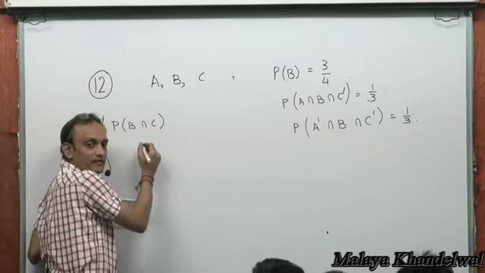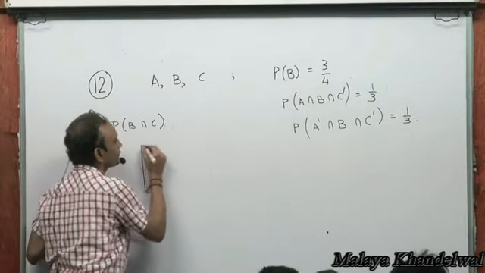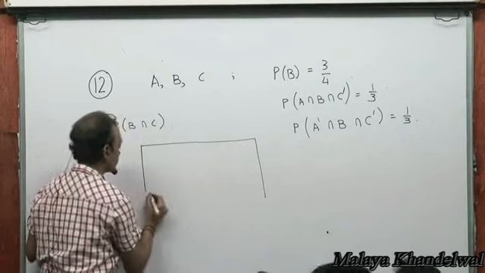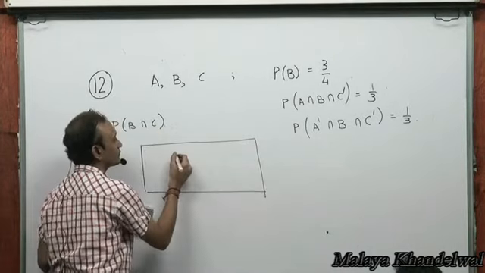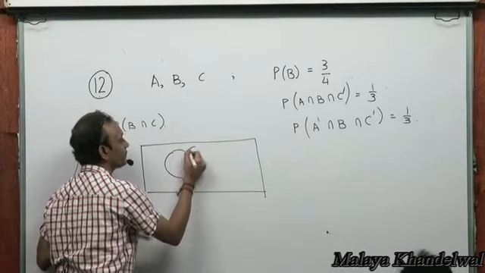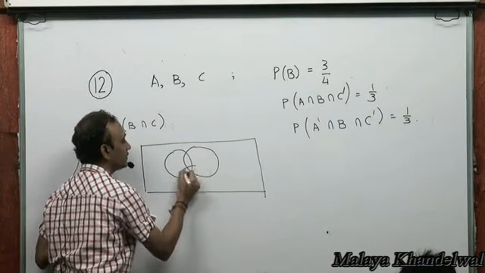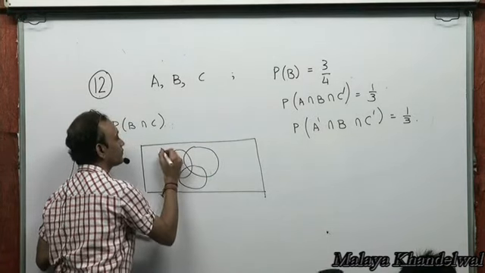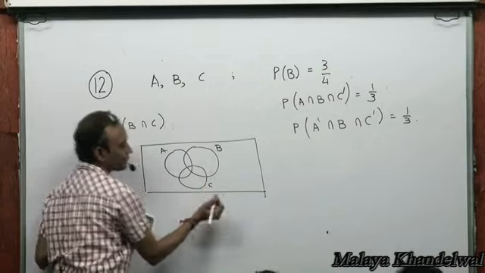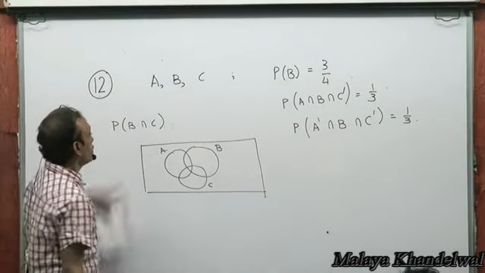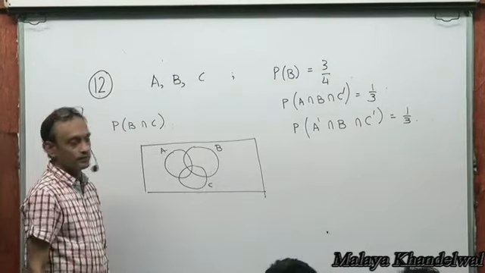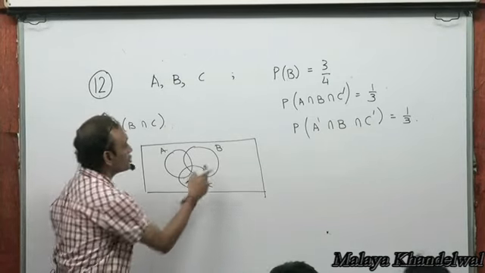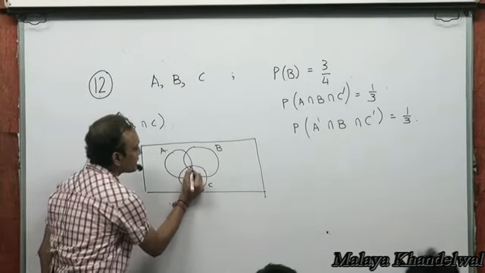Now let me draw the Venn diagram. A, B, C. All right. Probability of B intersection C is this.